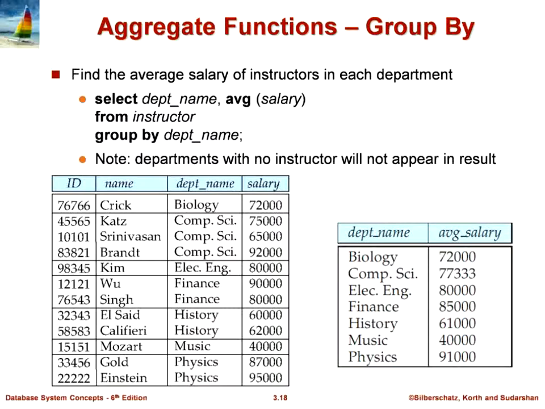Even if they are appearing at different locations, if this was a table, then this will be the resultant table. First for the biology department, and for the computer science department, all the instructors will be identified, and then their salaries will be averaged. Even if the table is very large, the result will be split in this way.